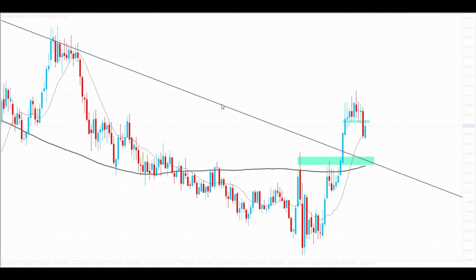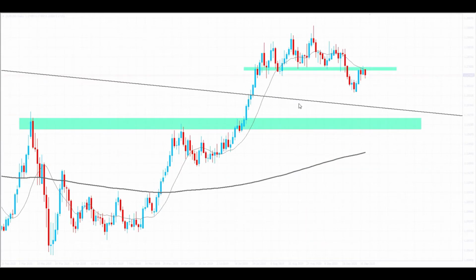The momentum is definitely to the upside in the higher time frames, but from a daily and weekly point of view, we expect price to find some support and retrace a little before continuing in that bullish trend. So we'll be looking for short opportunities for Euro USD, expecting a move to the downside and potentially test areas like so.